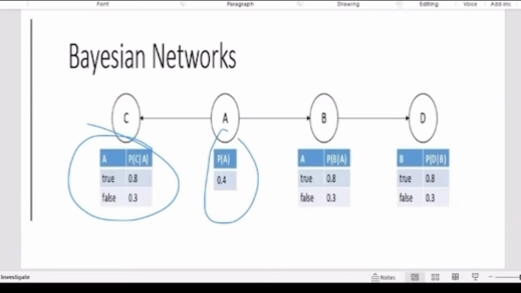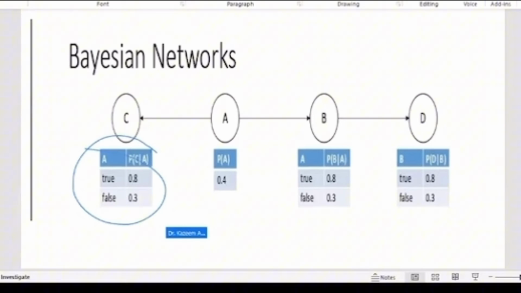Now take a look at what you have here. The probability of C given A is 0.8. The probability of C given A complement is 0.3. Any question?